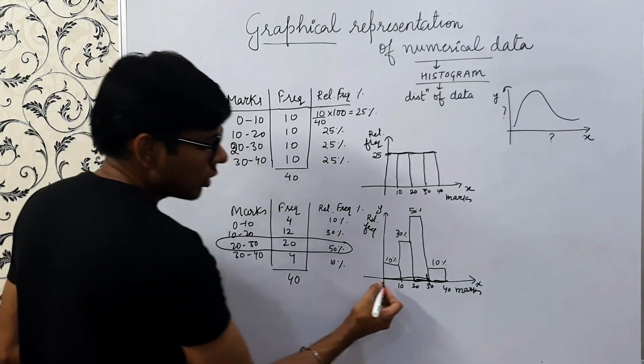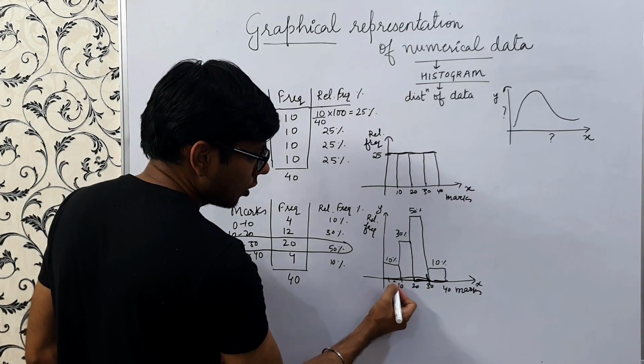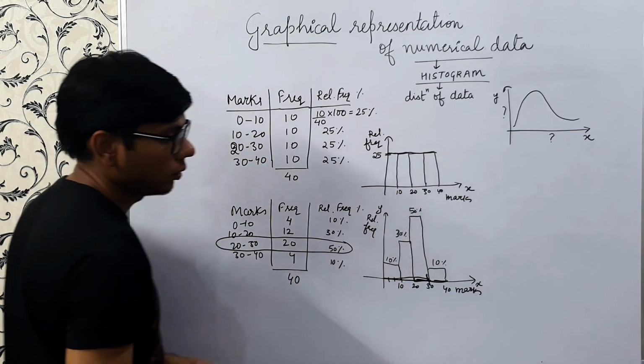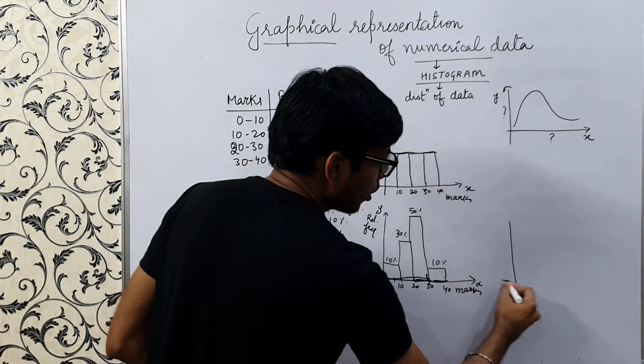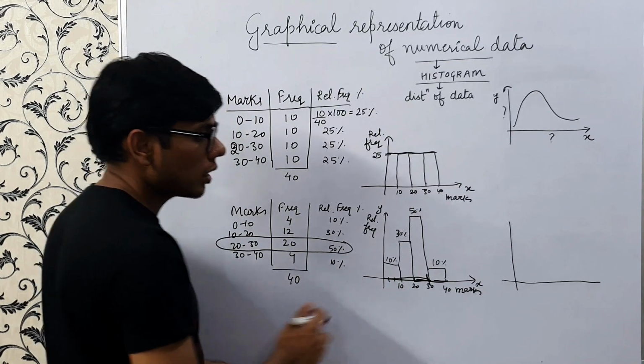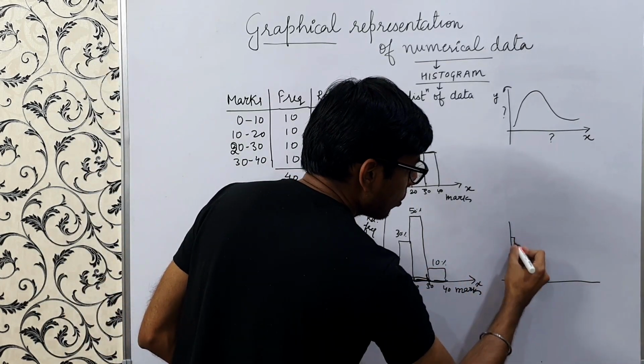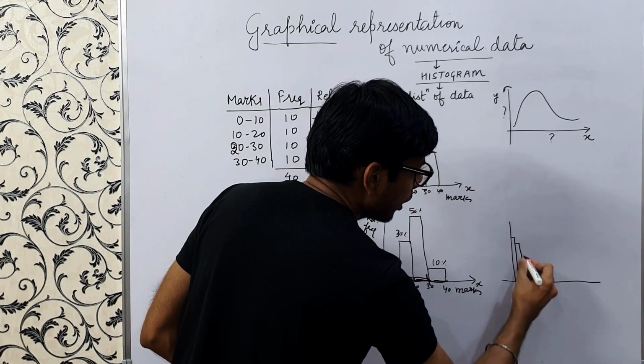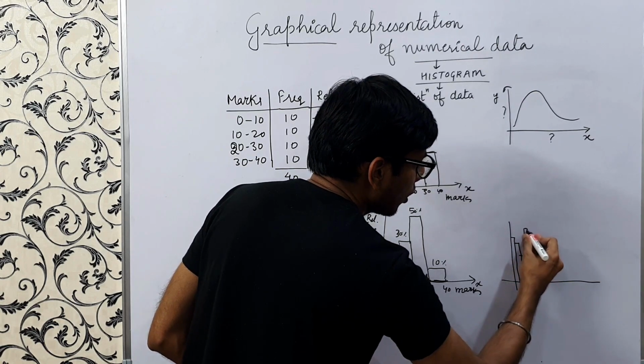One more point: this is 0 to 10. We can make the bins smaller. The width of the class, or the bin, is 10. Suppose I made it smaller, so we will obtain a histogram something like that.